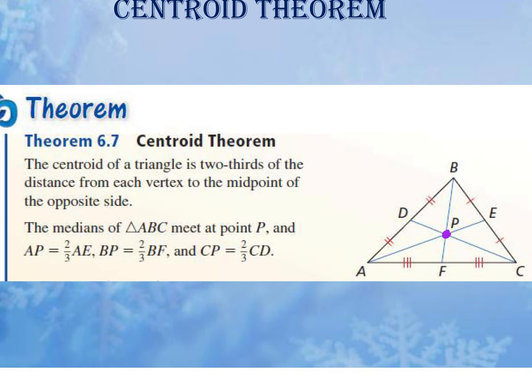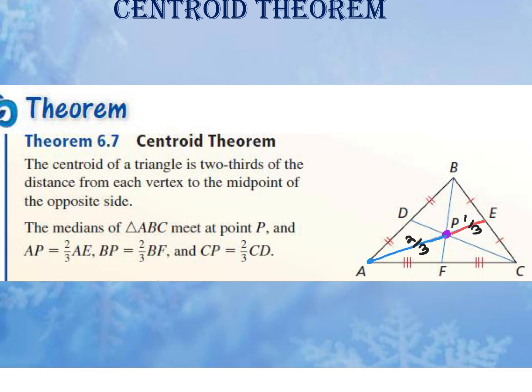The theorem states that when we come out of a vertex, for example A, the length from A to P is always 2/3 of the length of the entire median. Then from P to E is 1/3 the length of the entire median AE.